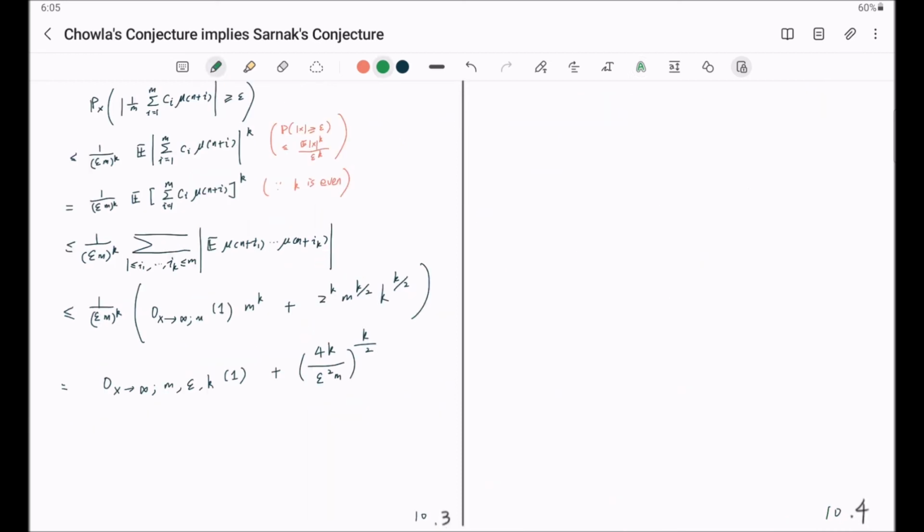And here is how we optimize in k. Now we optimize in k by choosing k to be the largest even integer less than, so we have a lot of freedom in choosing this, but I think epsilon squared times m divided by 10 is enough.